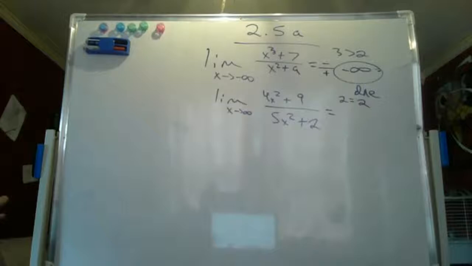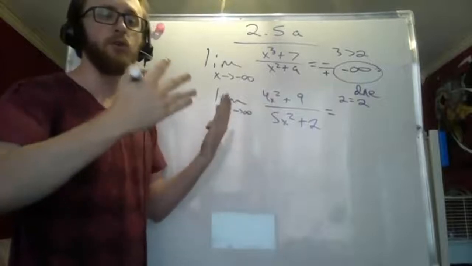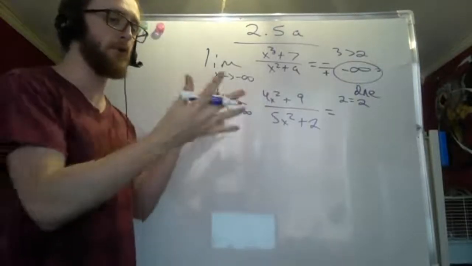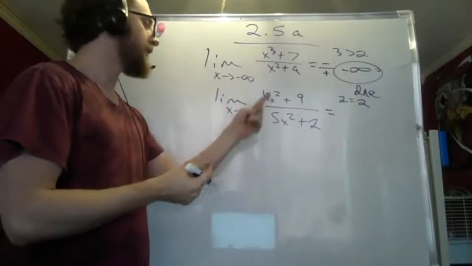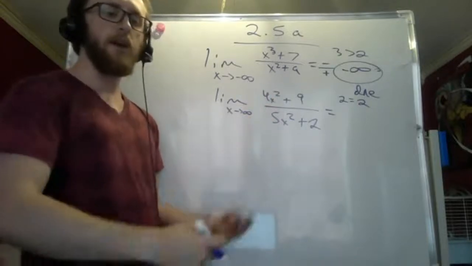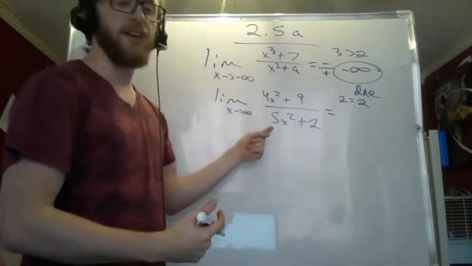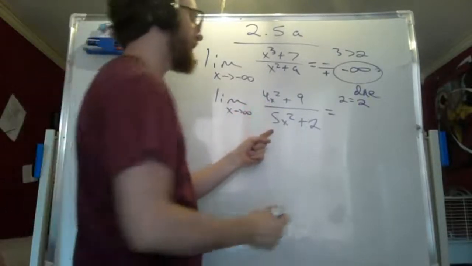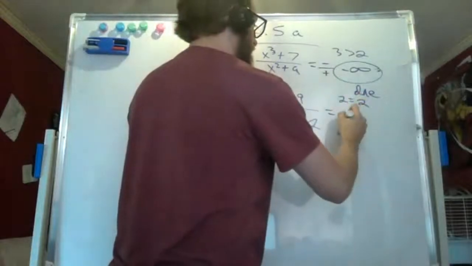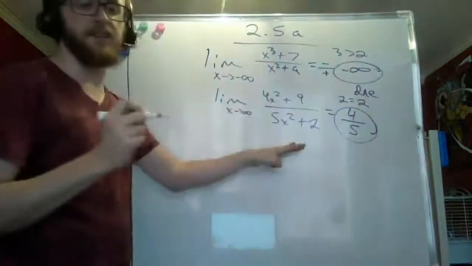We have equal powers. And so when that happens, that means the numerator and denominator are growing at equal rates. They're both growing equally. So the infinities for the top and bottom are kind of going to cancel each other out. And what are we left with? We're going to be left with the coefficients on the end, 4 divided by 5. And that's it. That's your final answer, and it's that easy.